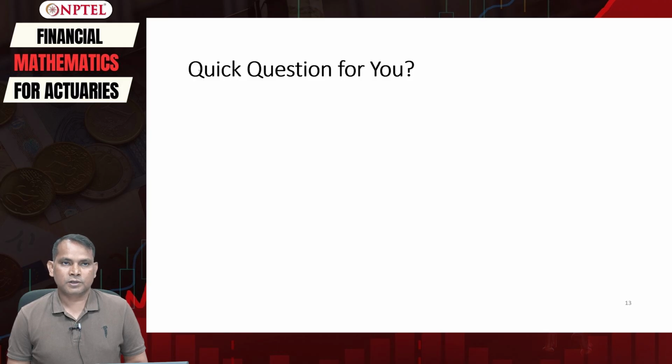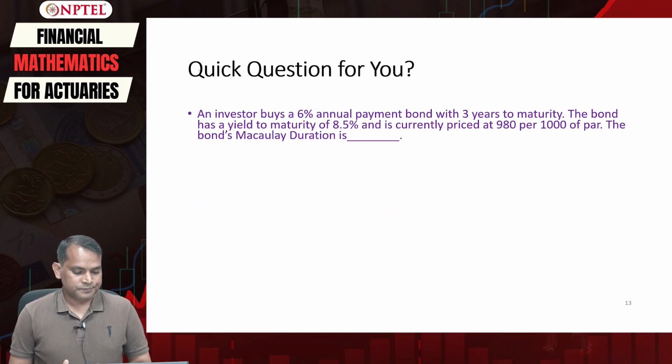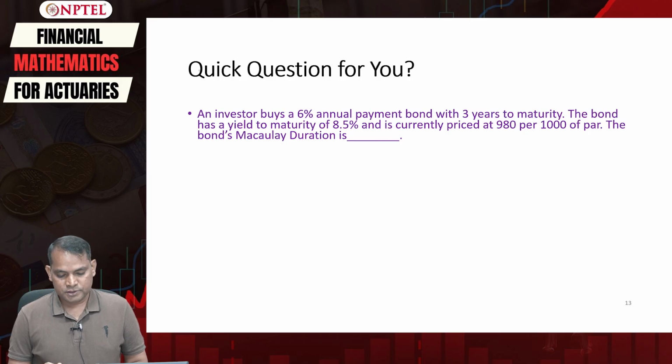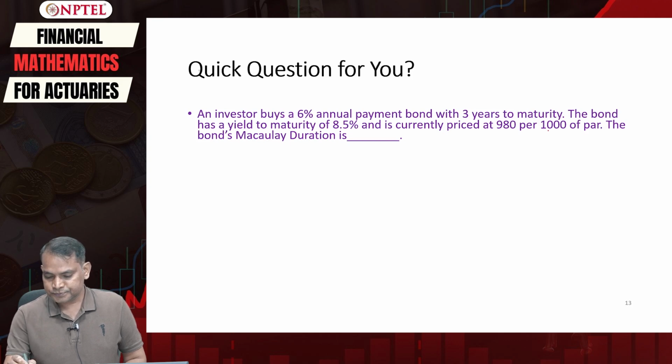Now consider this quick question, and think a little bit and try to answer on your own. An investor buys a 6% annual coupon payment bond with 3 years to maturity. The bond has a yield to maturity of 8.5% and is currently priced at 980 per 1000 of par value.